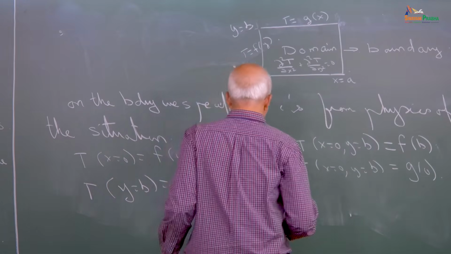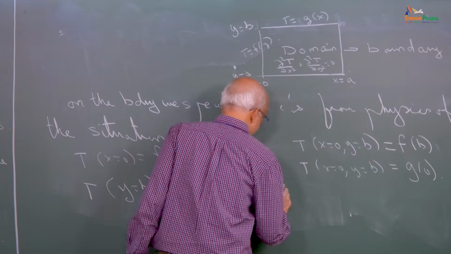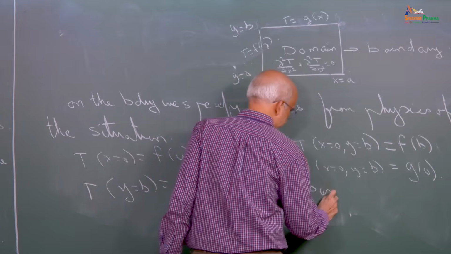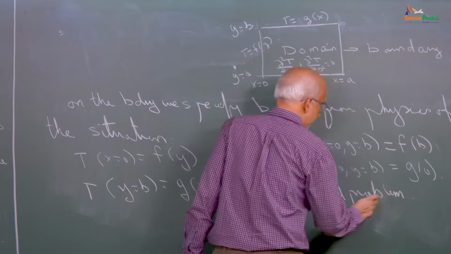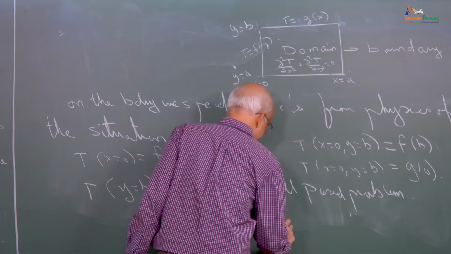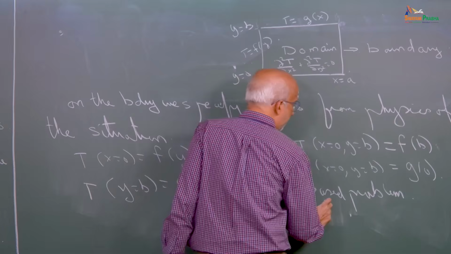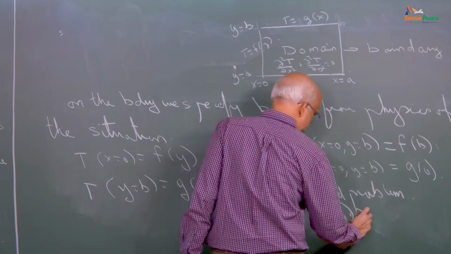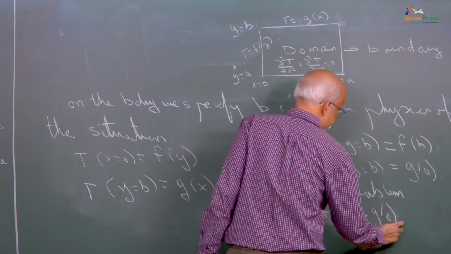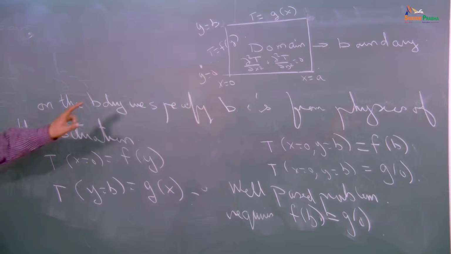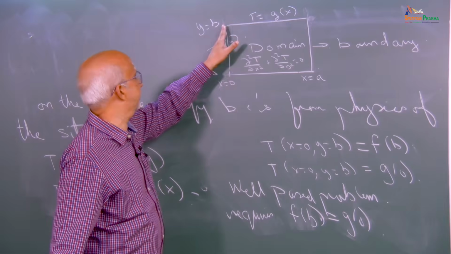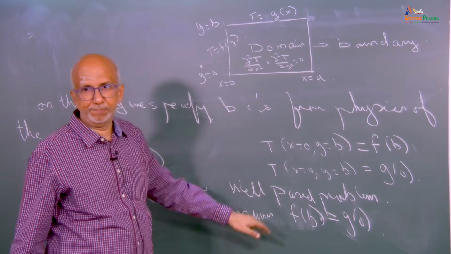So, basically a well posed problem requires f of b to be equal to g of 0, because if you measure the temperature along this direction and this direction, it is the same point.